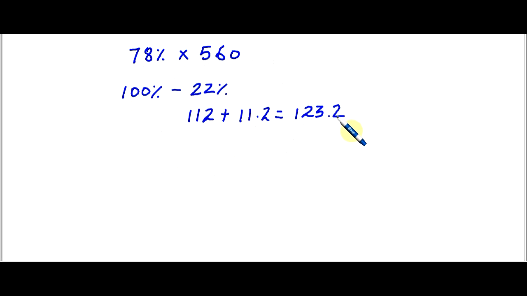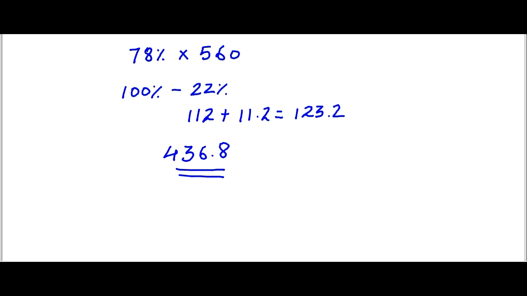Now this has to be subtracted from 560. So I subtract 100, I'll land upon 460. I subtract 20, I'll land upon 440. I subtract 3, 437. Another 0.2 will give me the answer as 436.8, isn't it? So it's very simple. If you just see the shortcut, if you just believe that there is a shortcut, you'll see the shortcut.